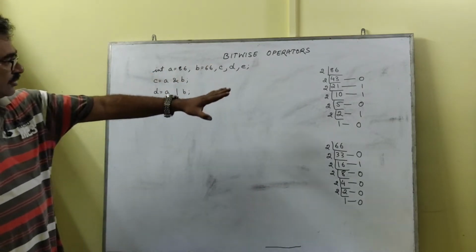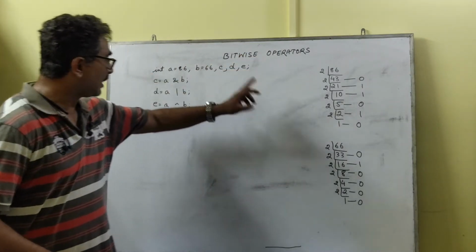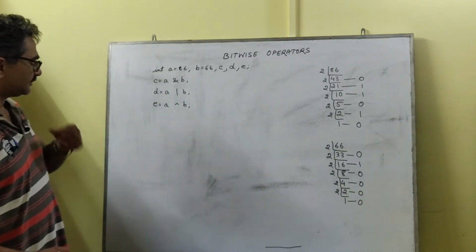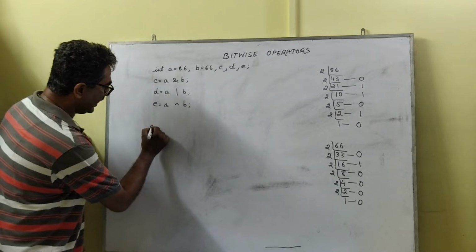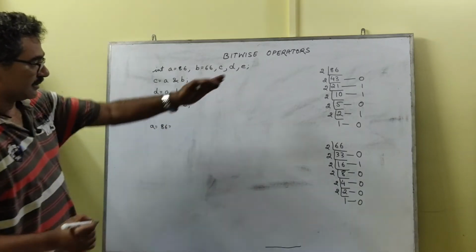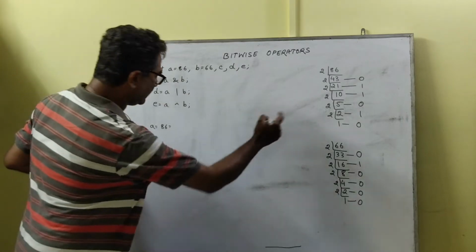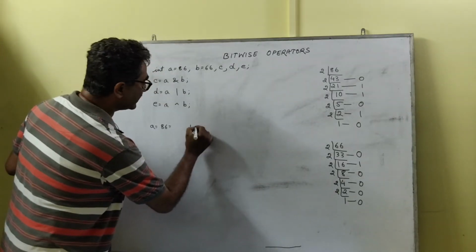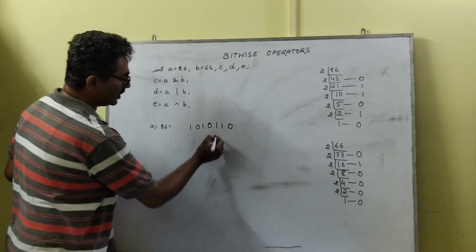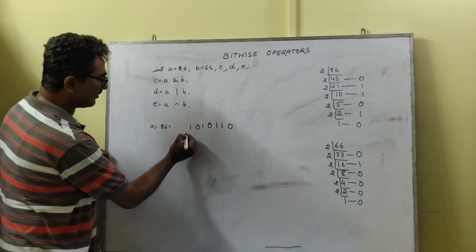Now I have already found the binary representation of the numbers 86 and 66. A, which happens to be 86, is represented in this format, that is 1 0 1 0 1 1 0. So there are a total of 7 bits.